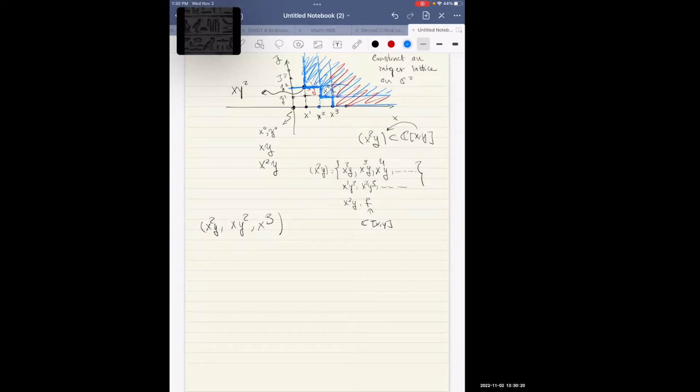All right, so I need to have something like y to the 4th, for instance. Let's just say y to the 4th is here, anything in here and anything in here is also going to be there. So in fact, the picture tells you that you can put generators inside this ideal in a way that the part of the picture which is not inside the ideal becomes finitely many boxes. You see, these are boxes, these are boxes.